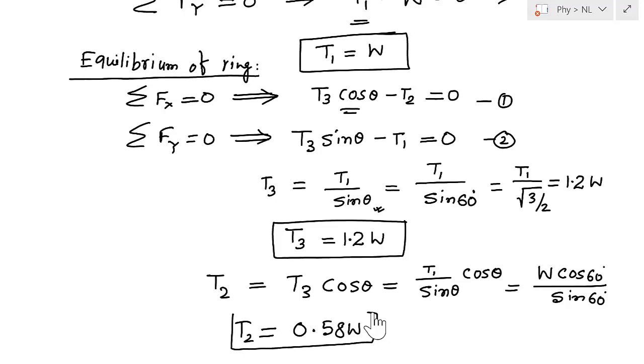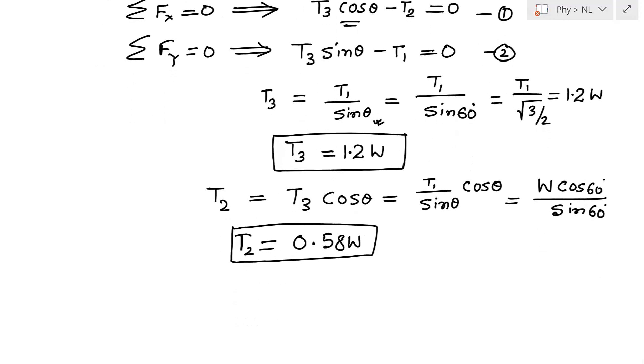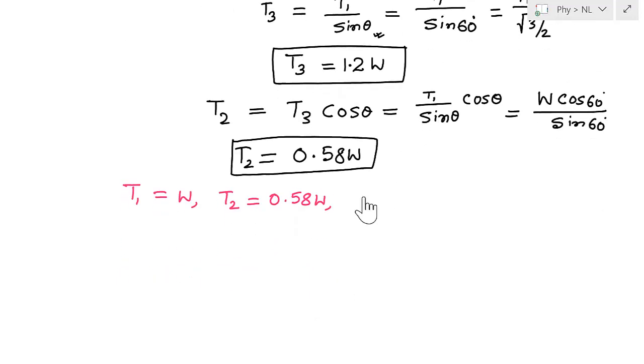So we have solved for T1, T2 and T3. T1 is equal to W, T2 is equal to 0.58 W, and T3 is equal to 1.2 W. I can show all this in a free body diagram.